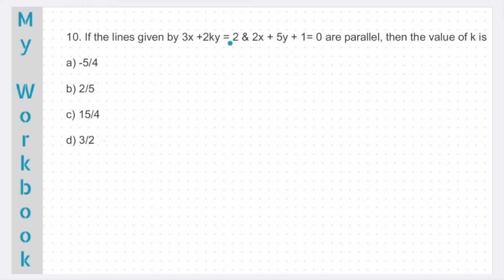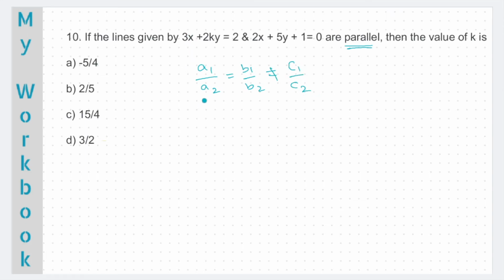Question number 10. If the lines given by 3x plus 2ky is equal to 2 and 2x plus 5y plus 1 is equal to 0 are parallel, then the value of k is. Here they have given that the lines are parallel, so we can assume that a1 by a2 will be equal to b1 by b2 and not equal to c1 by c2.